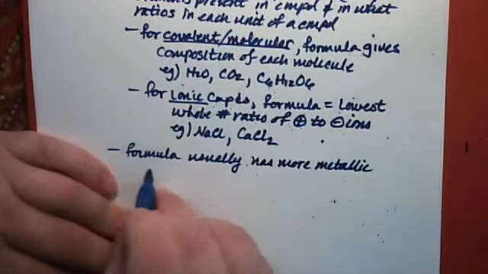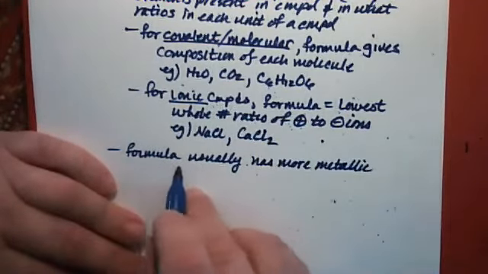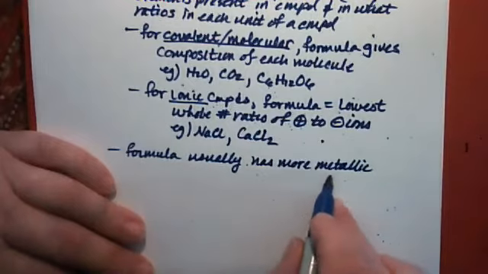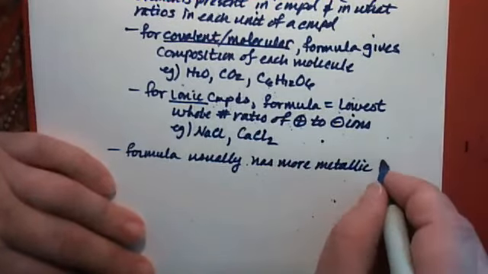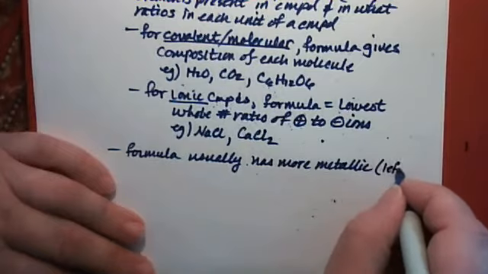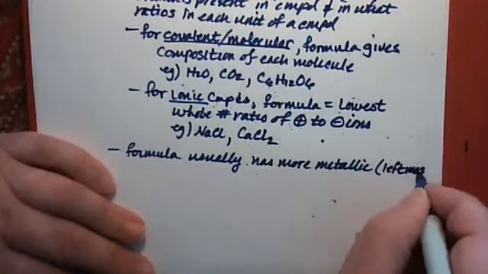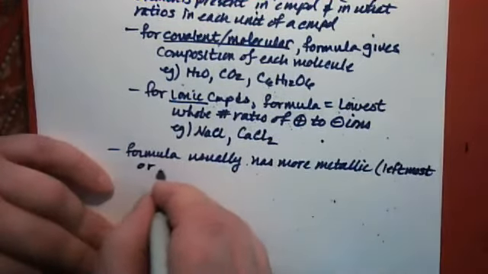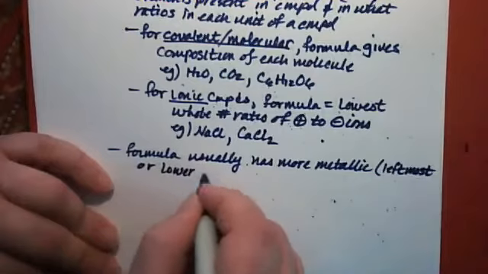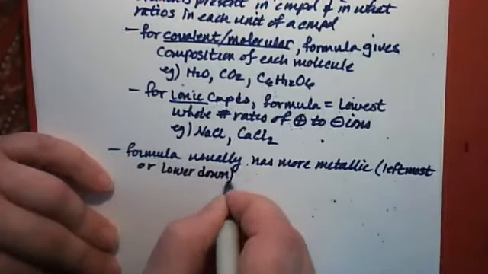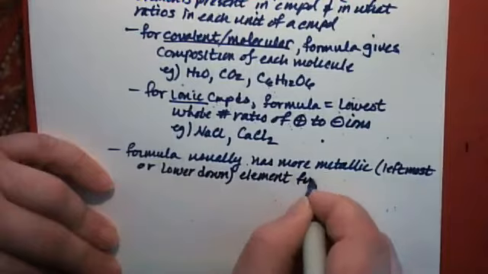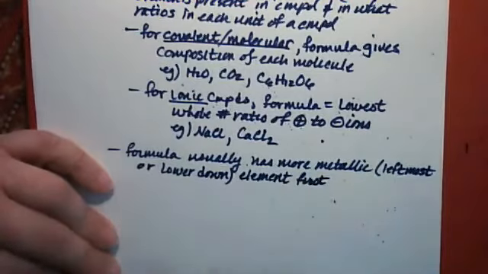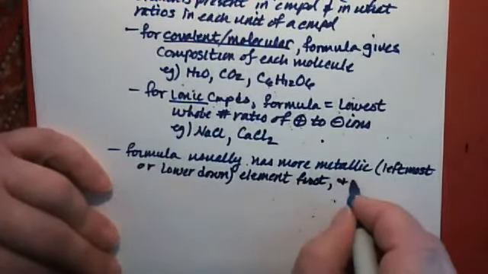A formula, or name for that matter, usually lists the more metallic element first, and the other one last.